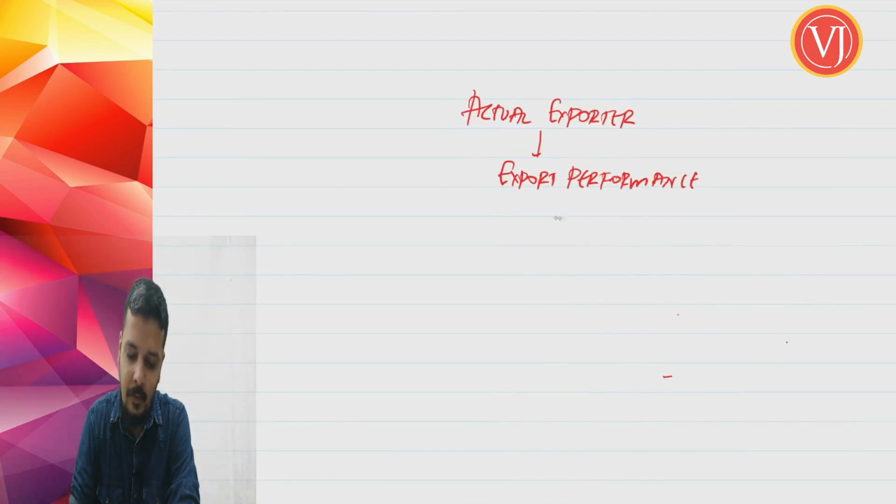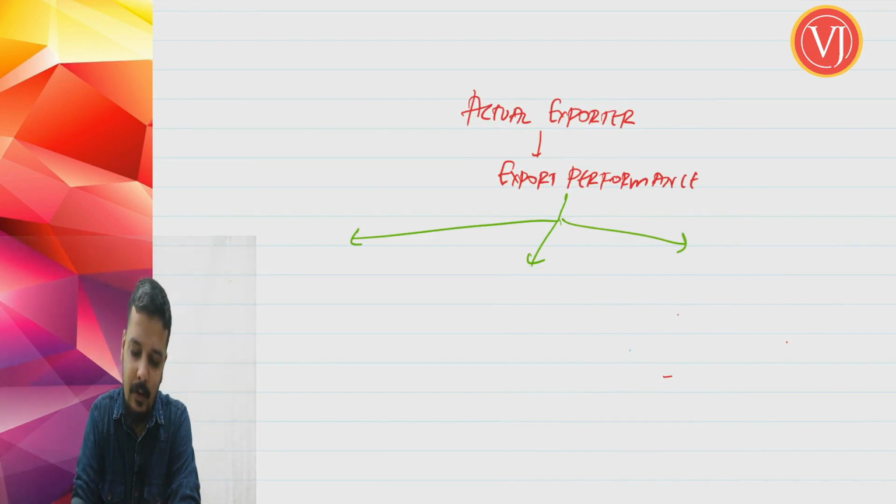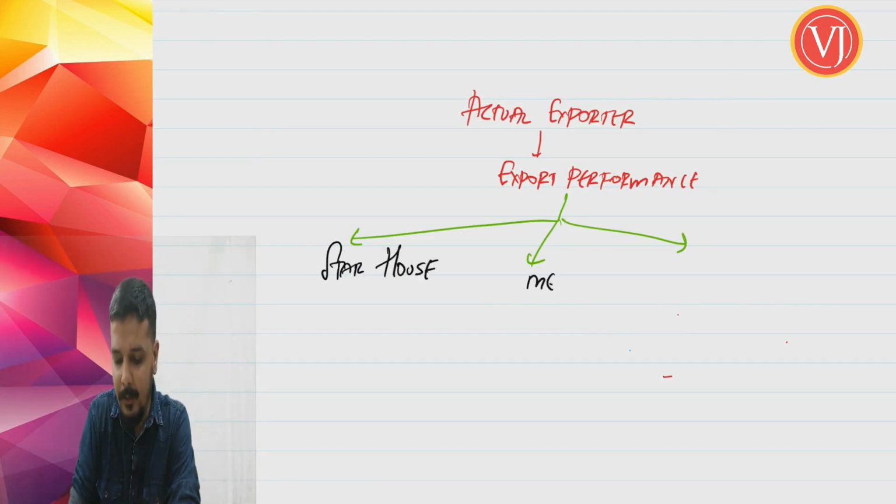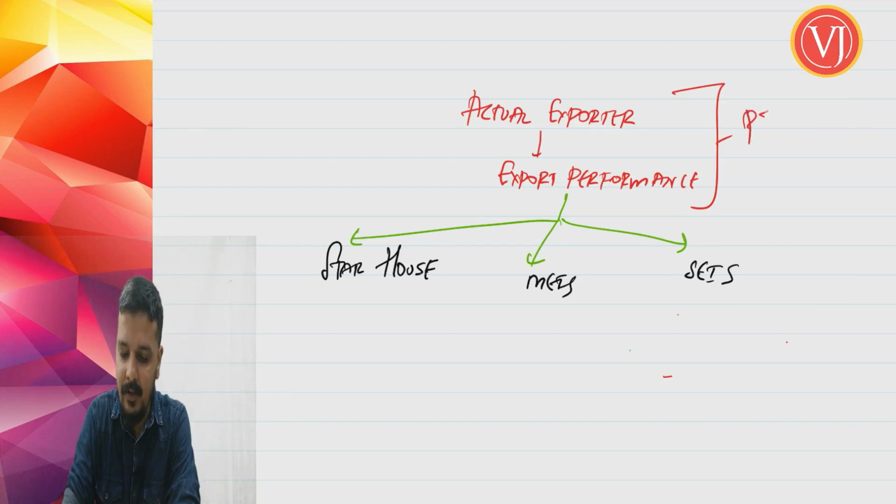And friends, this is true for your star houses, 1 star, 2 star, 3 star. This is true for your MEIS, this is true for your SEIS, which means that in our example, friends, the actual exporter was say PJ Limited.